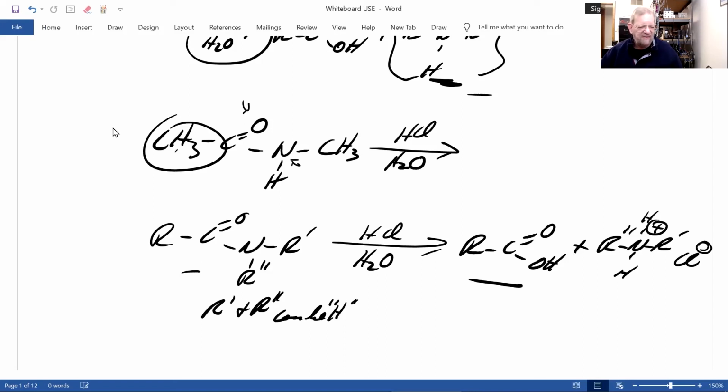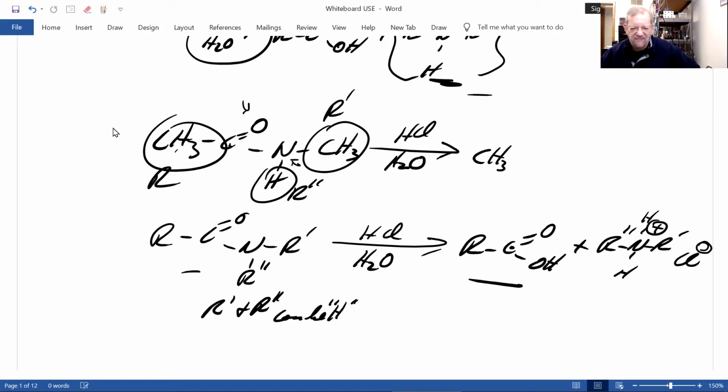So what's R? What's R prime? What's R double prime? And now keep your eye on the carbonyl carbon. What's attached to it right here? R is methyl.